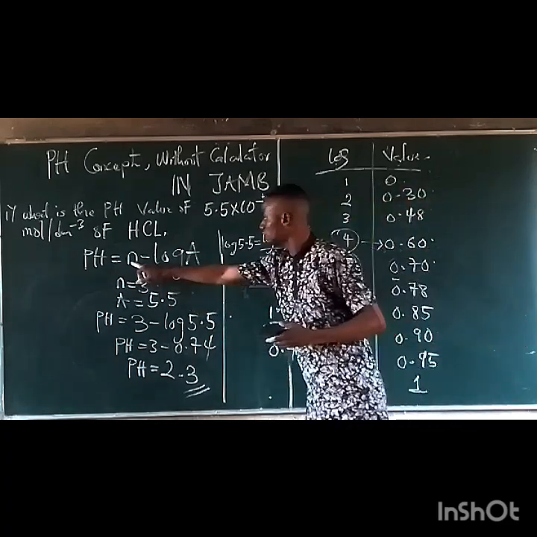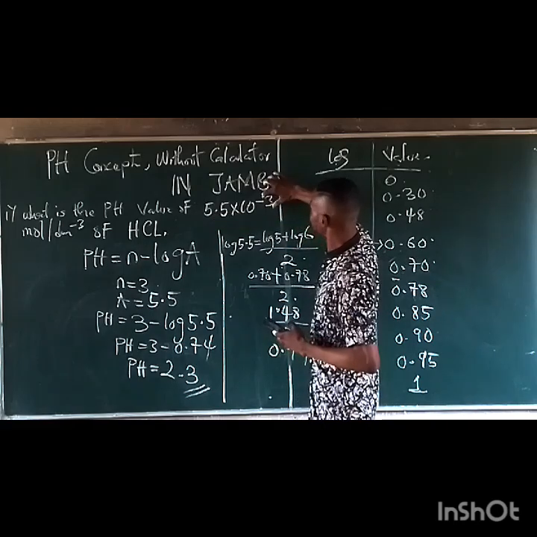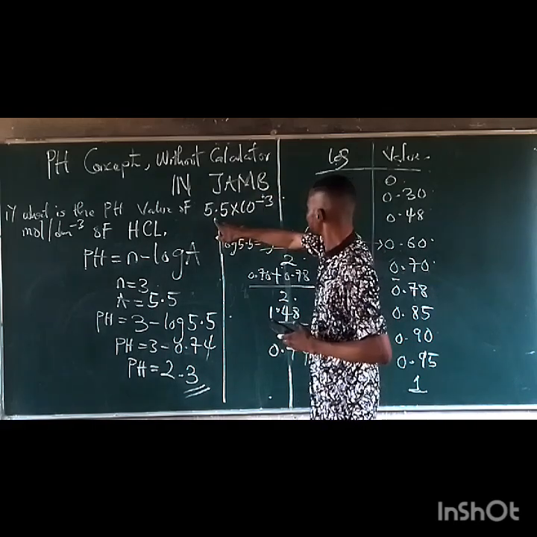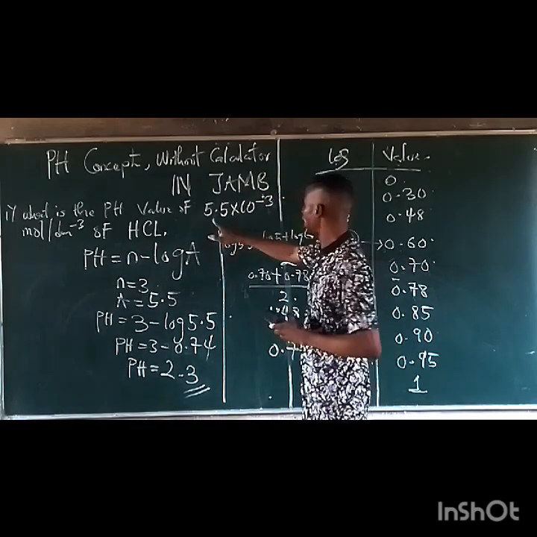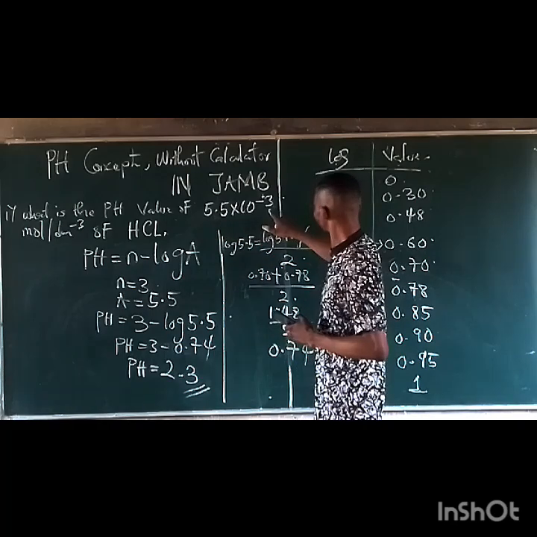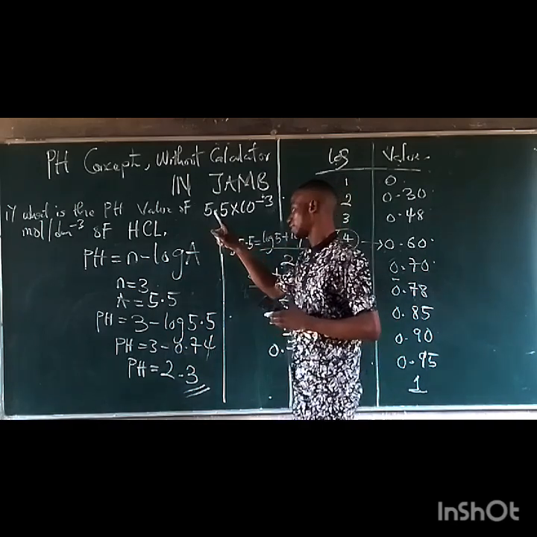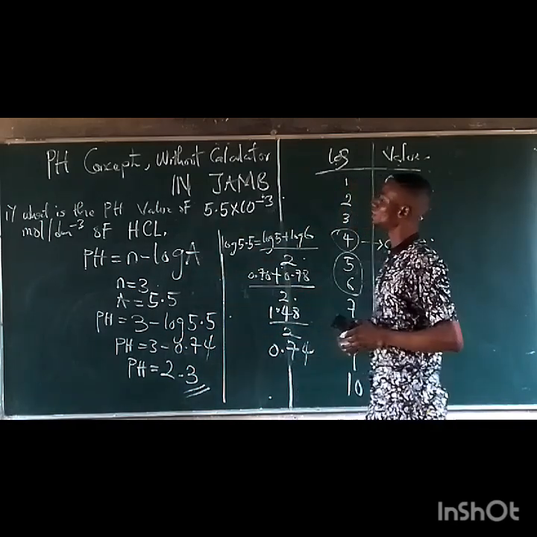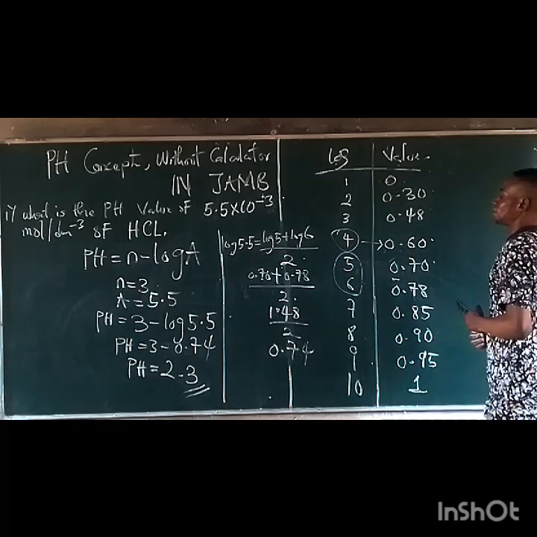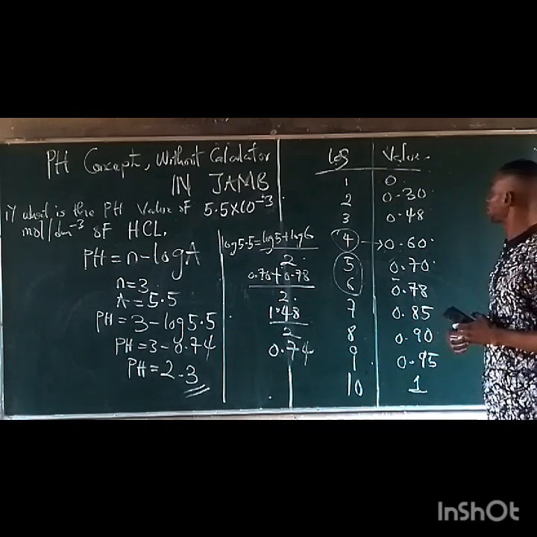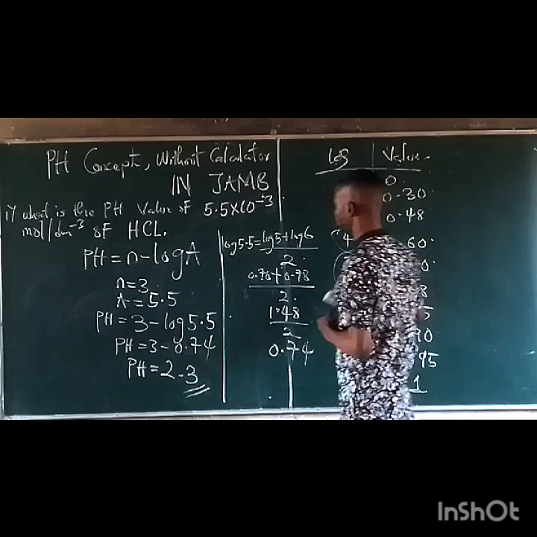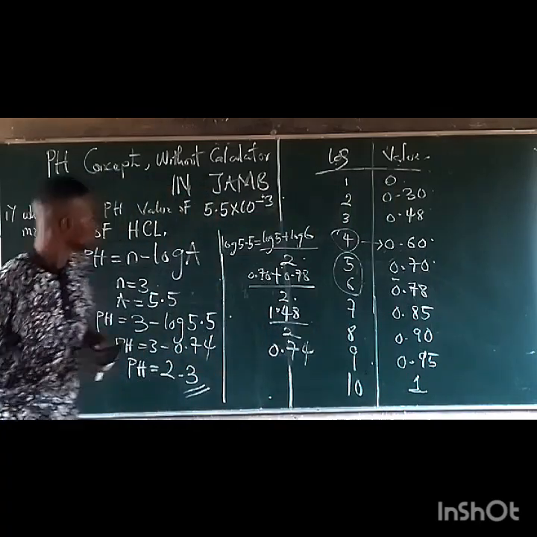Then you subtract it from the index, which is n. Remember, this one is n, while this place is a. This one is n, while here is a. That is from the formula. So that is how you are going to get this. So let's look at the last condition.